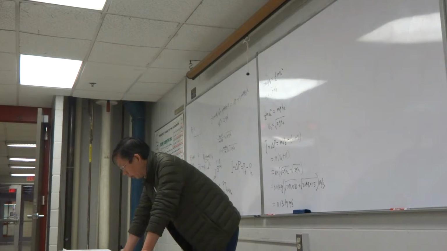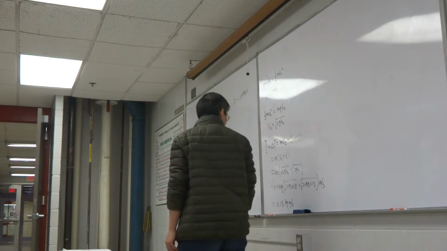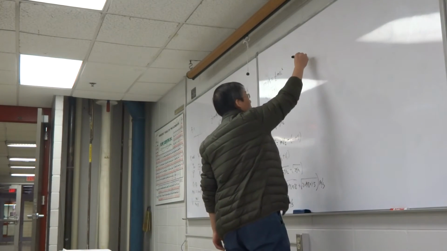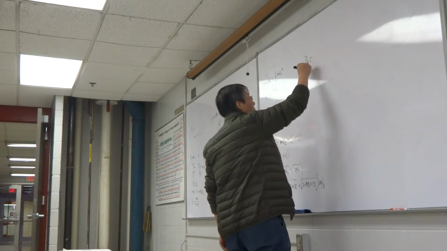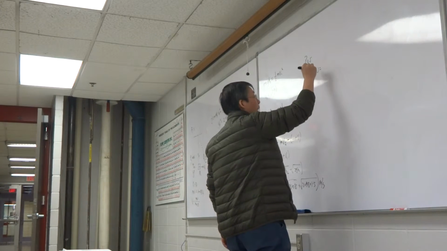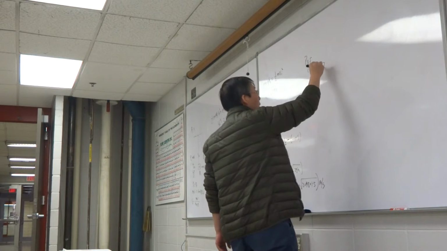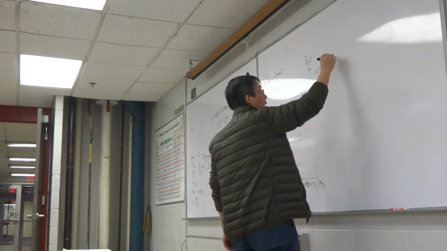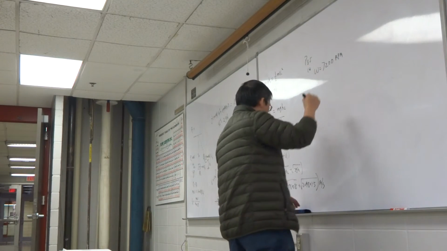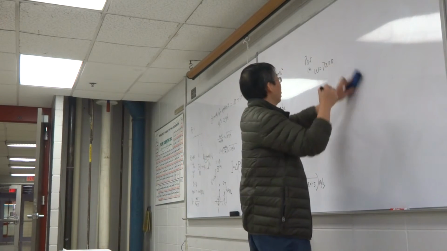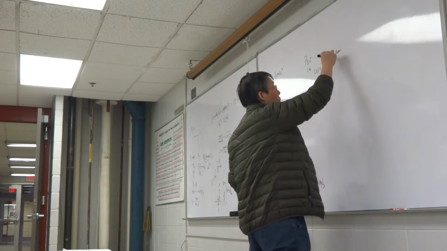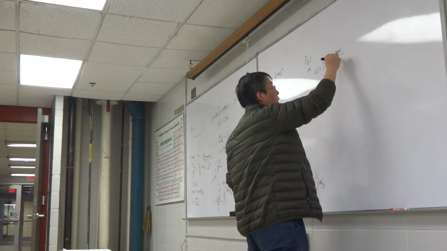Okay, just convert the units. You have the angular speed in 7,200 RPM, which means revolutions per minute.